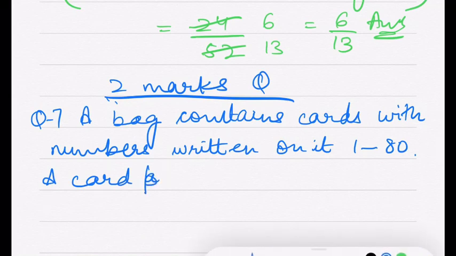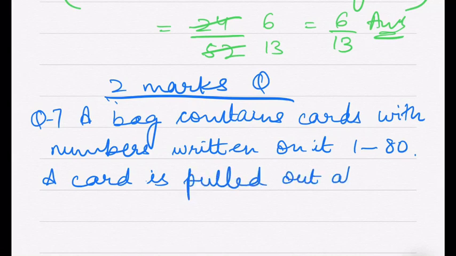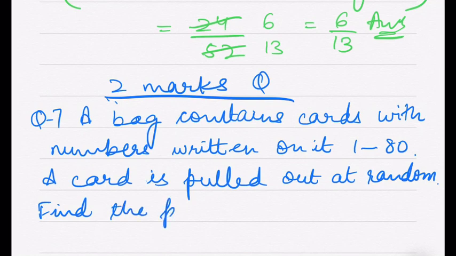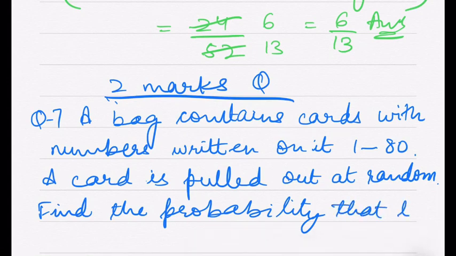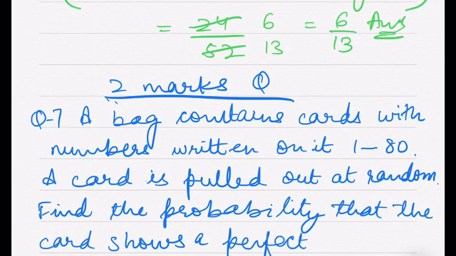Okay, now a card is pulled out at random. Find the probability that the card shows a perfect square.